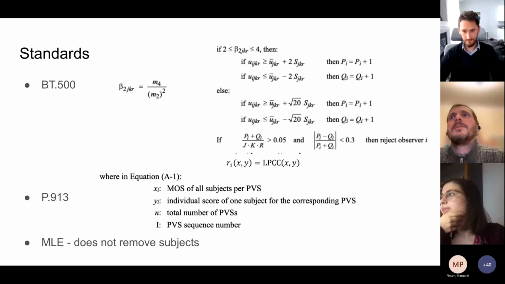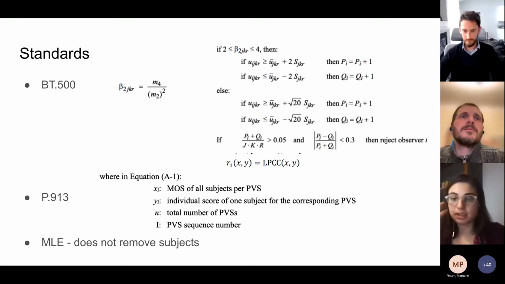What I wanted to add here is that for BT500, the method does consider the bias in a certain sense, in that there are 2 thresholds. One of them considers whether the subjects are outside of the standard deviations more than 5% of the time. The other threshold looks at the variation, the difference between them: is it happening only on one side?